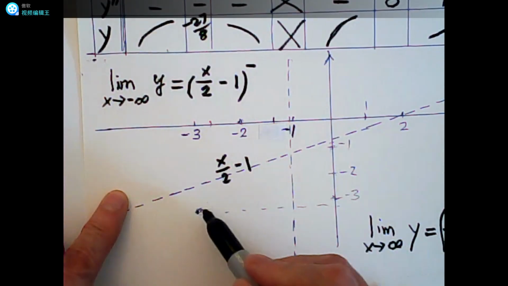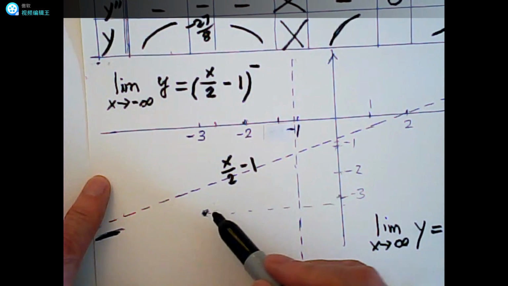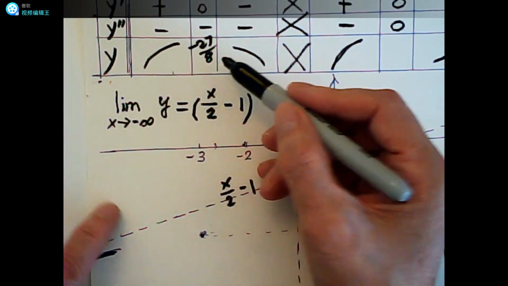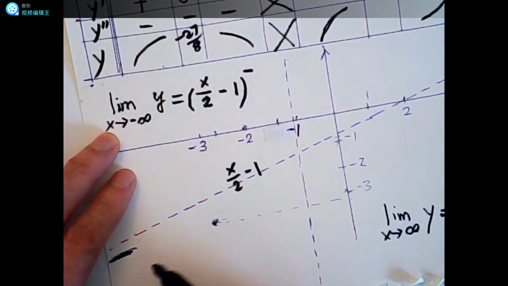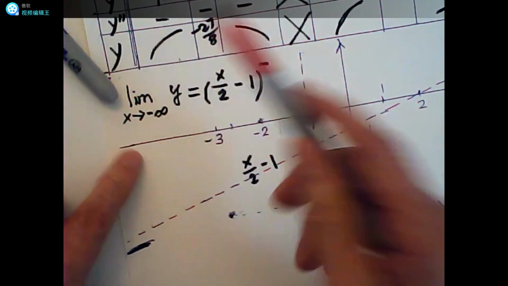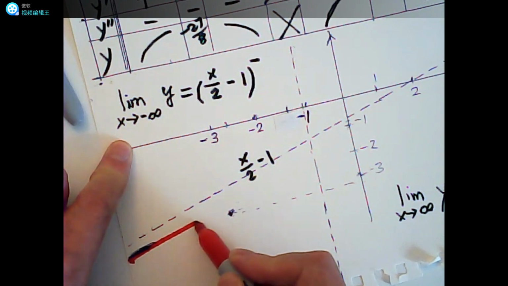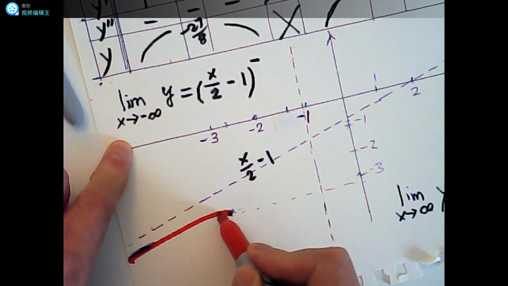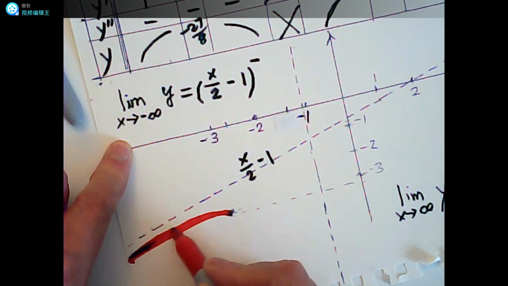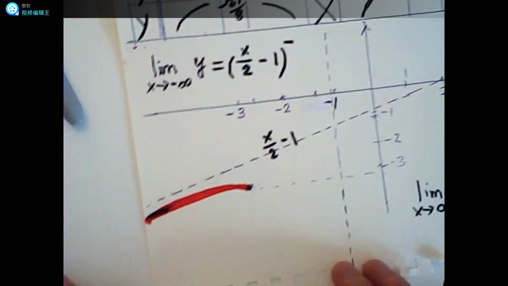This is -3, a little more than -3. So that's the shape of the curve.